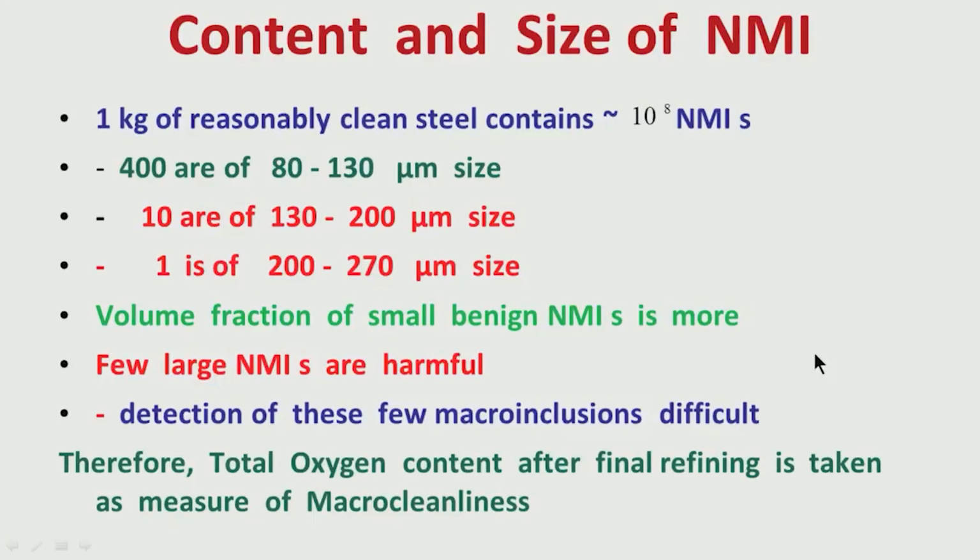This issue will be taken up in greater detail later on, but I am trying to harp on the issue that if you measure total oxygen in steel at the final stage of steel making, or just at the time of casting, and the total oxygen is less than say 25 ppm or 30 ppm, then oxygen as oxides is less, that means oxide inclusions are less. So, the steel is relatively clean with respect to oxide inclusions. If the sulfur is less, the steel is relatively clean with respect to sulfide inclusions. So, this is a relatively clean steel.